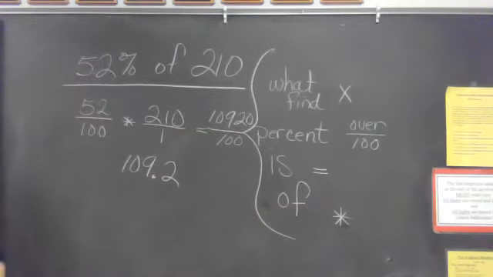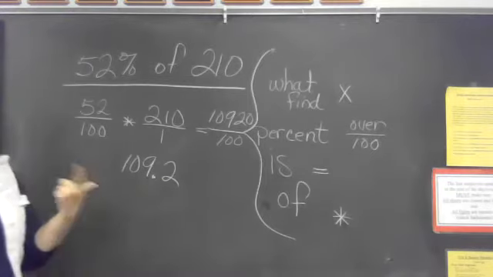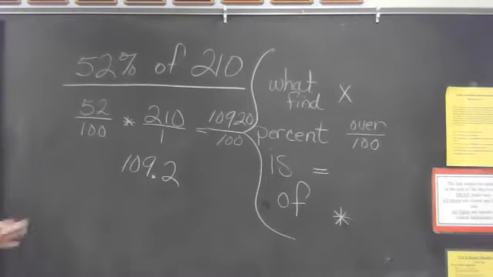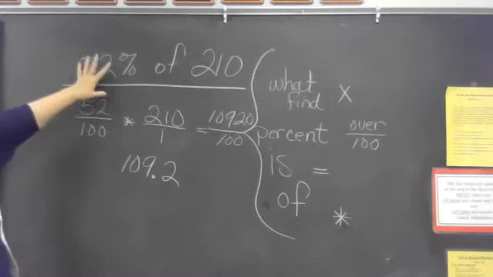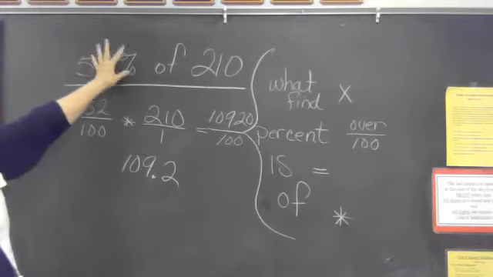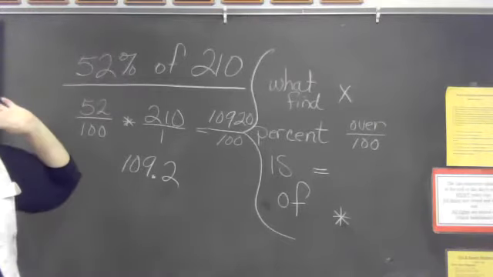Now, part of mathematics is looking to see, does this really make sense? Okay, so think about this. This is what I do when I look at my problem and say, I wonder if my decimal's in the right place, or does this make sense? So what I look at, 50%, which is pretty close, 50% is half, right?